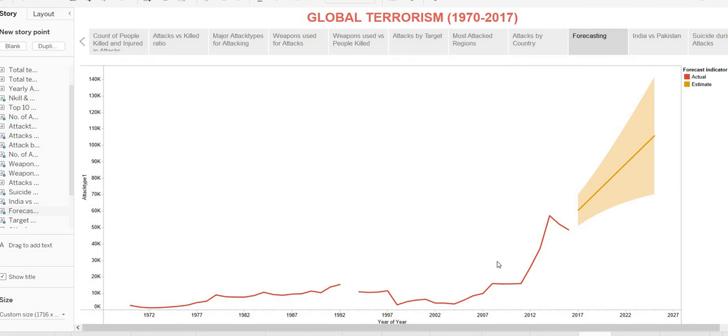Here we can see the number of terror activities increased, and we can also see the forecast indicator from 2022. The estimate is that it will increase by 66,151, then continue increasing to 88,808 by 2022, and in 2027 it will reach 1 lakh terror attacks.